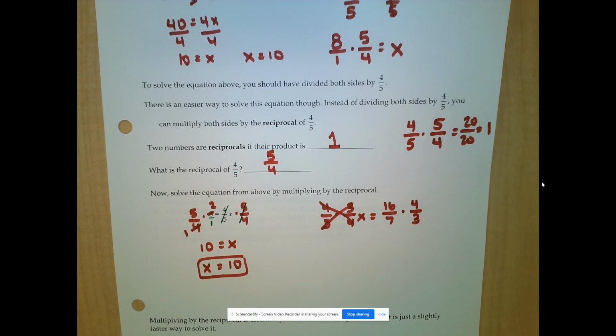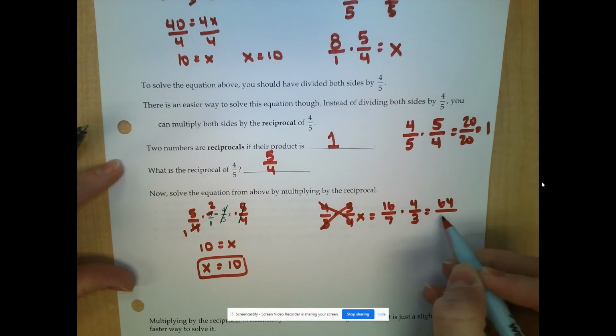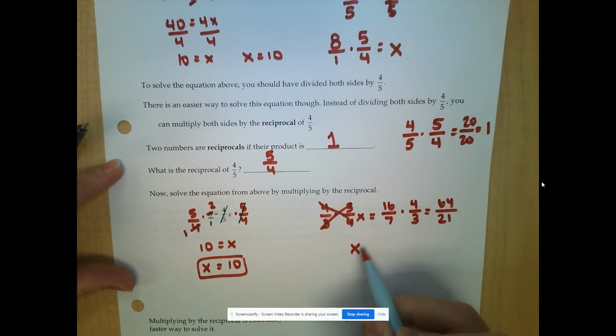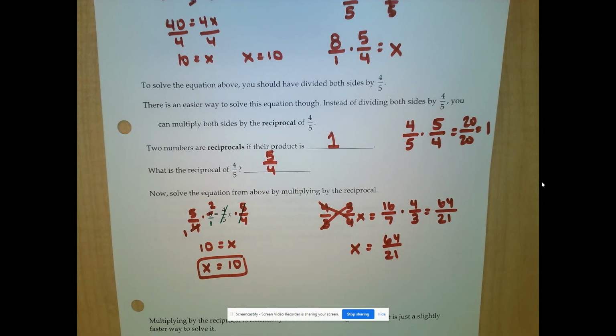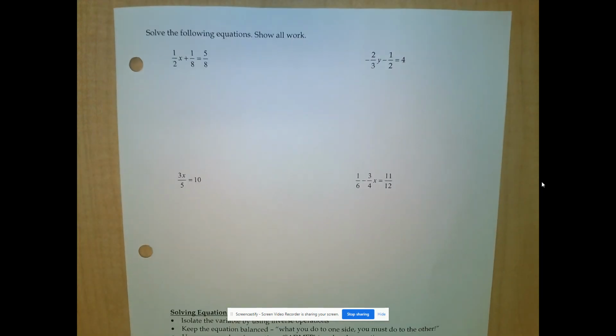The 7 doesn't simplify with either of the things on the top, and the same with the 3. So across the numerator, I would do 16 times 4, which is 64, and on the bottom 7 times 3, which is 21, and I would let you leave it as x equals 64 over 21 because there's nothing to simplify. So multiplying both sides by the reciprocal is the fastest way to solve an equation with a fraction abutting the variable.